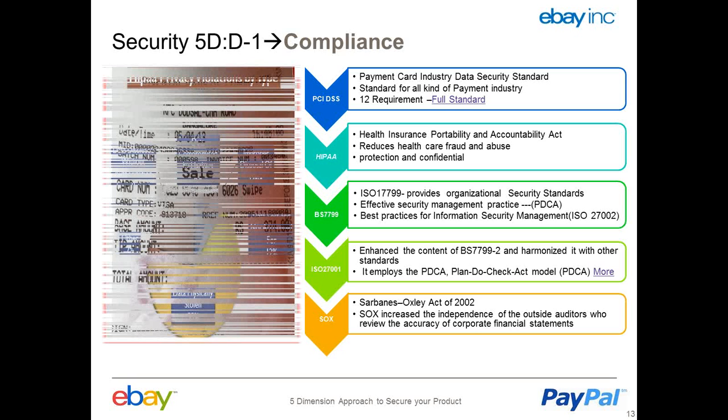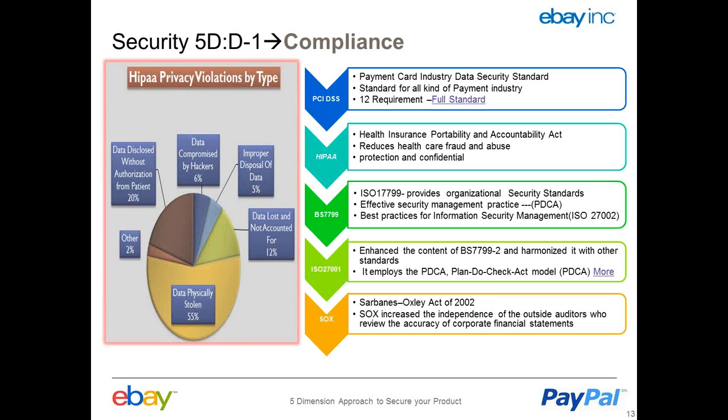On the left, what you see is some of the breaches which are taking place in HIPAA. We have various sectors with percentages of breaches, coming from data compromised by a hacker, data accessed without authorization from the patients and so on. Some of the hacks would have taken place unknowingly, but some would have been purposely targeted.